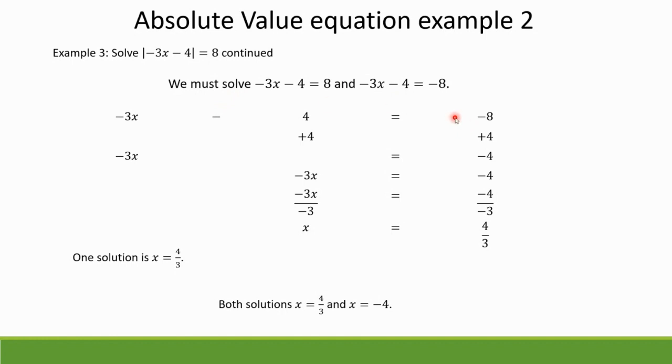Okay? So how do we solve this? Let's add 4 to both sides. Again, it's the same steps. You want to get x all alone. So we have -3x equals -8 plus 4, which is -4, because we add 4 to both sides. So we have -3x equals -4.